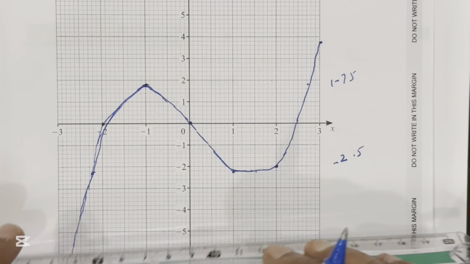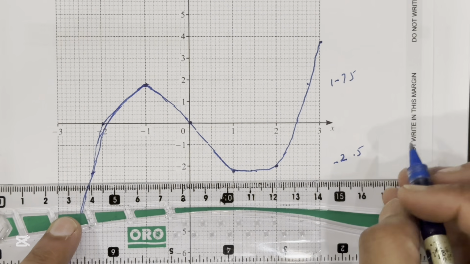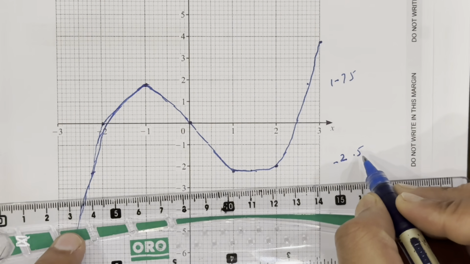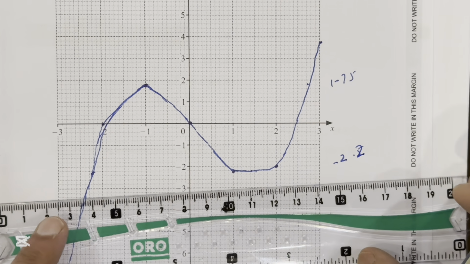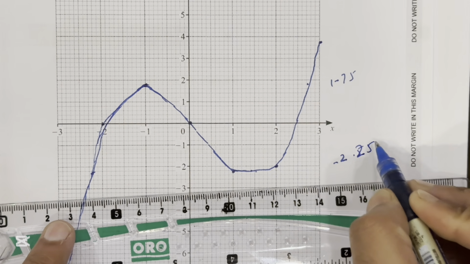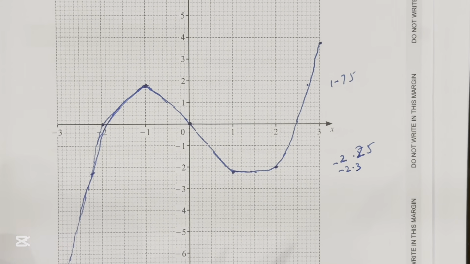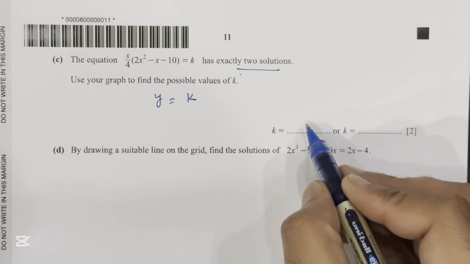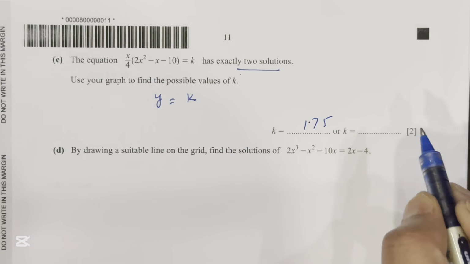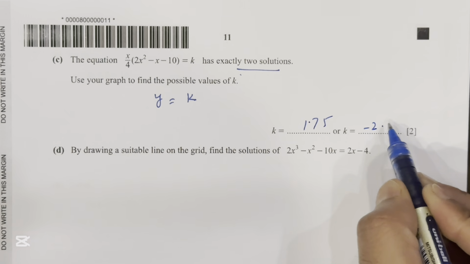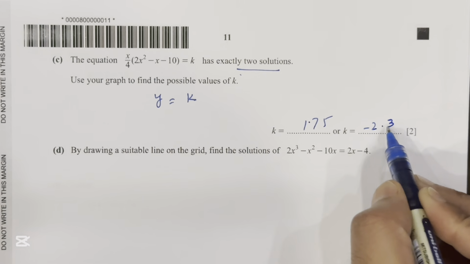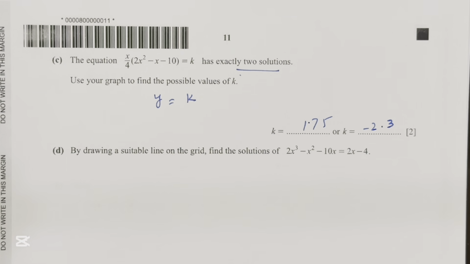Okay, minus 2.5, no, minus 2.2, okay, so this is minus 2.25, or you can write minus 2.3. Both answers will be considered correct in this case. So I'm writing 1.75 and minus 2.3, or you can write minus 2.25.